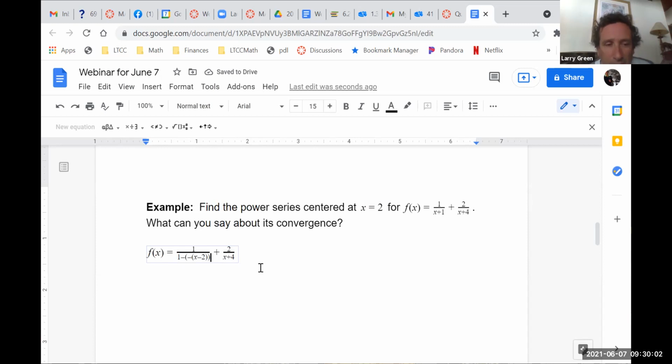Any questions so far? All right, now that doesn't quite work because if I take 1 minus negative x minus 2, that's the same as 1 minus 2, which is negative 1 plus x.